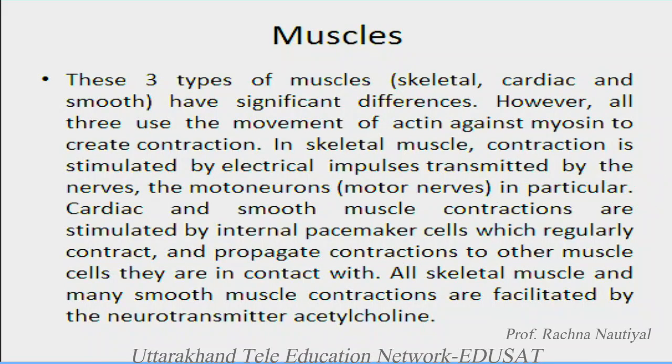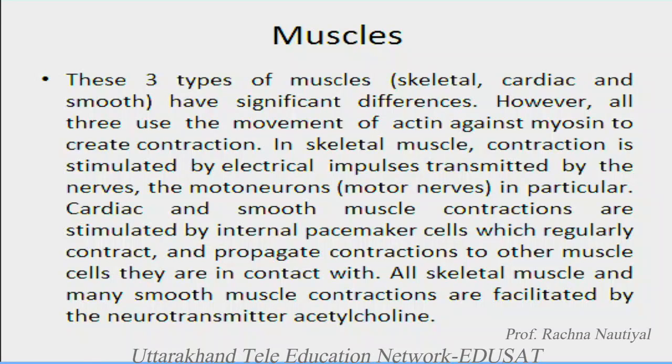In skeletal muscles, contraction is stimulated by electrical impulses transmitted by the nerves of the motor neurons, the motor nerves in particular, which are a part of our nervous system. So the skeletal movements are governed by the motor nerves in particular, while cardiac and smooth muscle contractions are stimulated by internal pacemaker cells. They have their own pacemaker cells, which regularly contract and propagate contractions to other muscle cells they are in contact with.